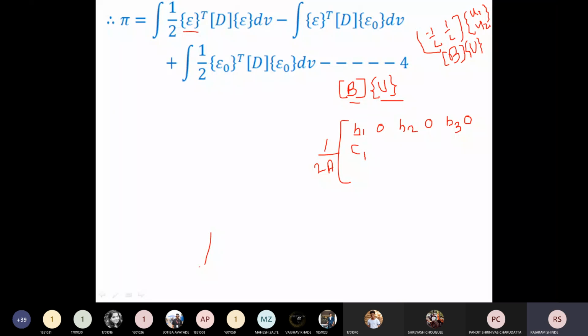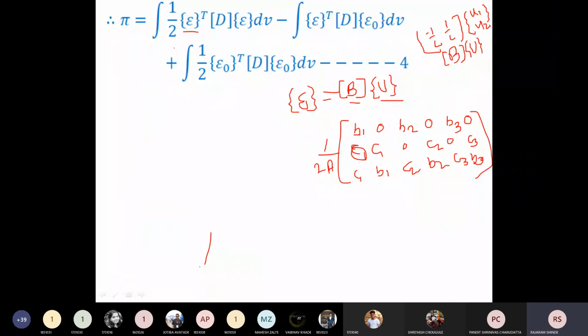Next, 0, C1, 0, C2, 0, C3. And here it is C1, B1, C2, B2, C3, B3. This is your B matrix for a two dimensional element. Now what I am going to do is replace the strain, that is the epsilon matrix, by B into u.